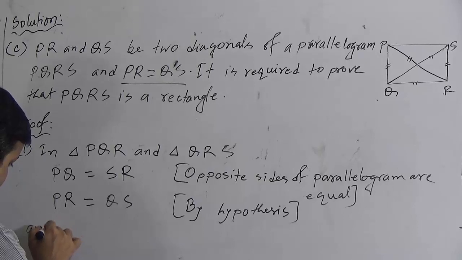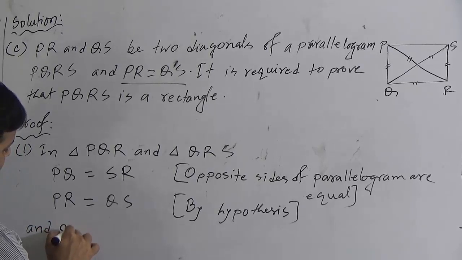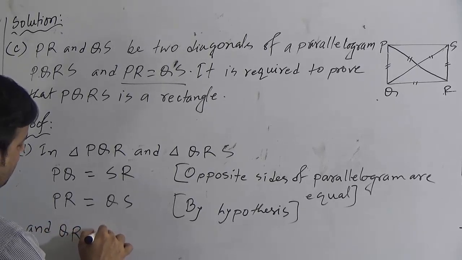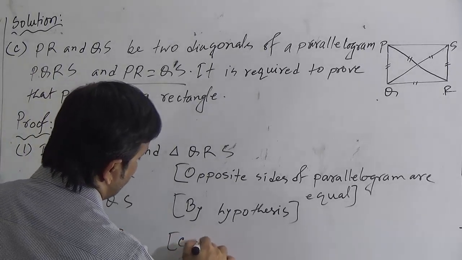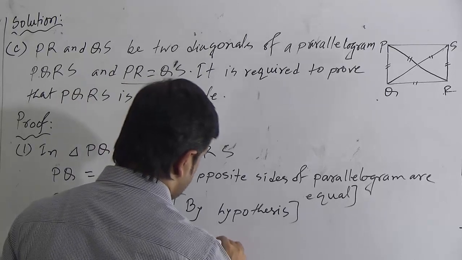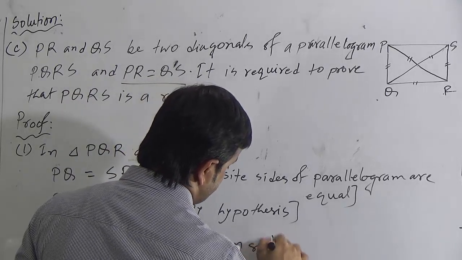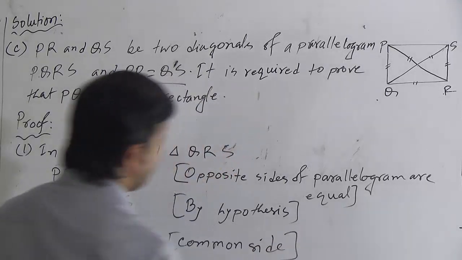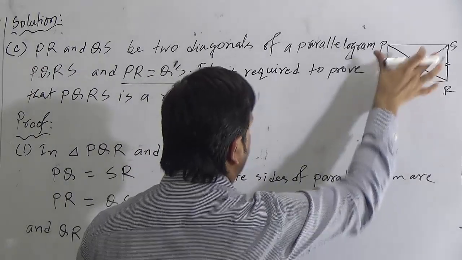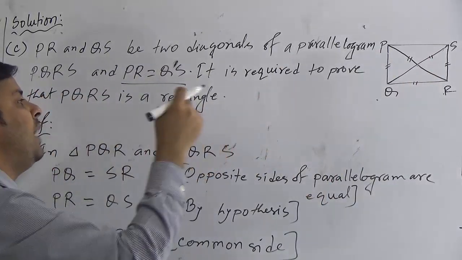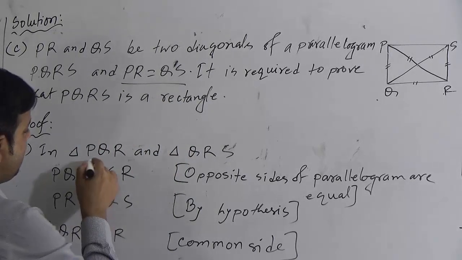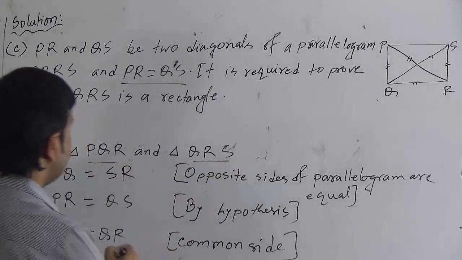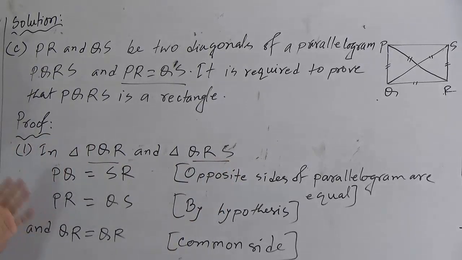And QR equal to QR, common side of both triangles. This is the common side. QR is the common side of both triangles PQR and QRS. So we can say three sides of triangle PQR and three sides of triangle QRS are equal.